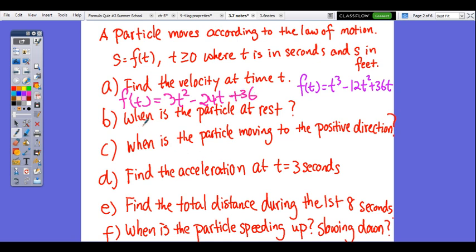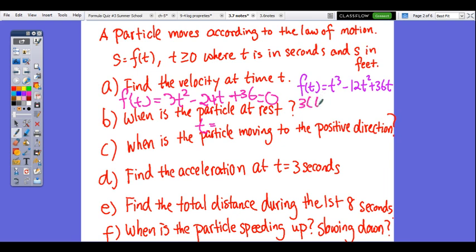And then the next question: when is the particle at rest? Think about it this way, if the particle is at rest, what happened with the velocity? That means the velocity has to be 0, so we set it equal to 0 and solve for t. The way that you solve for t, you can just factor it and then solve for the variable. So we take out 3 first.